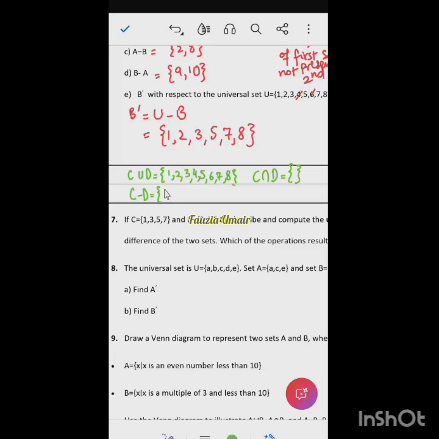What would be D minus C? D minus C would also be set D itself because they are disjoint sets. There is no common element, so nothing will be subtracted. The set will come as it is in the answer. So now we have performed all the operations. Now they are asking you which operation results in an empty set.